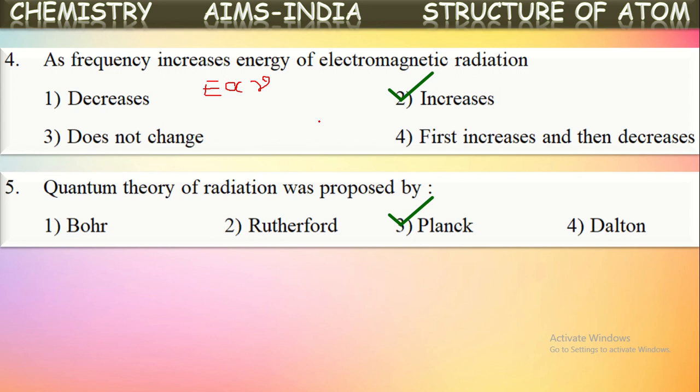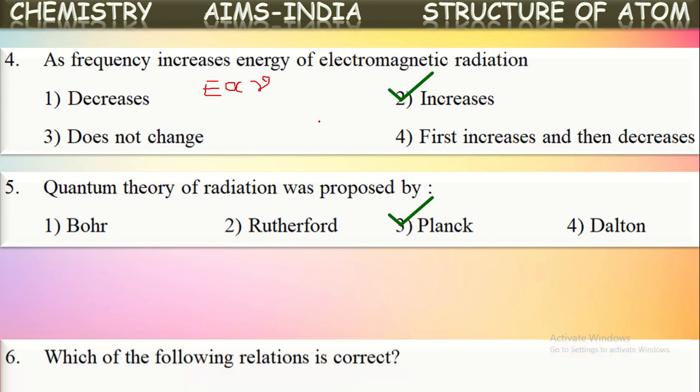Each packet of energy is called a quantum. The energy of each packet or quantum is directly proportional to the frequency of the emitted radiation. Okay, this quantum theory was proposed by Max Planck.